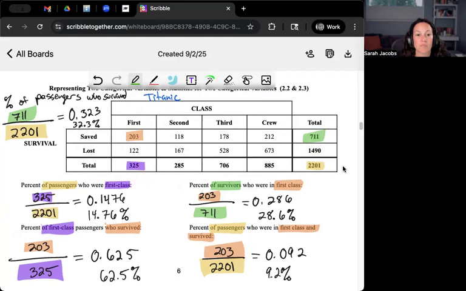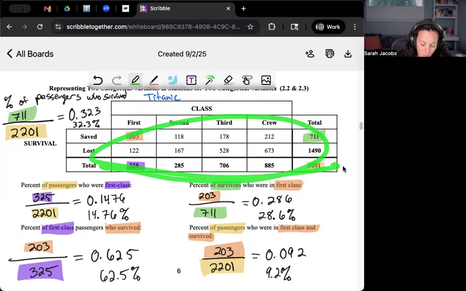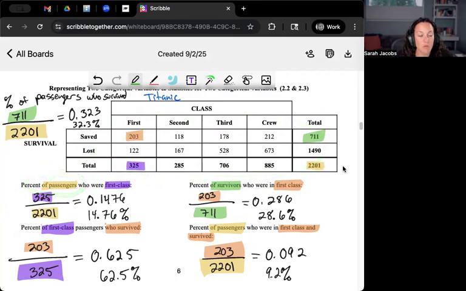Okay, so all of these are different things we could look at from a two-way table. This is going to come up again when we get to our probability unit, but big picture, you want to think every time you're dealing with a two-way table, what's my denominator? What is my overall?